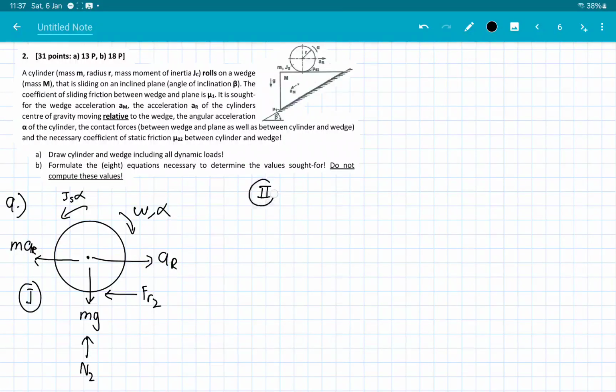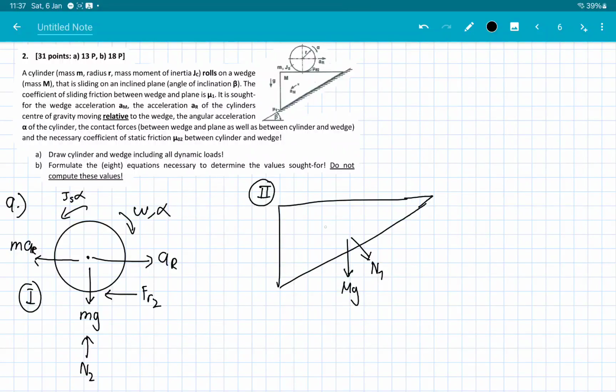The second free body diagram is going to be the slope of the wedge. So you have a wedge like this, and here we're going to say it exerts a force downwards, which is a capital Mg. It also has a reactional force exerting onto the slope, which I'm going to call N1.